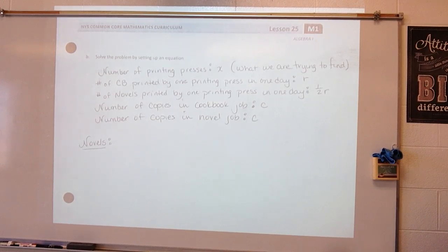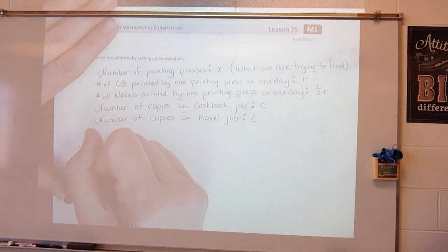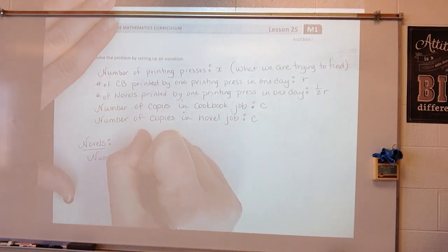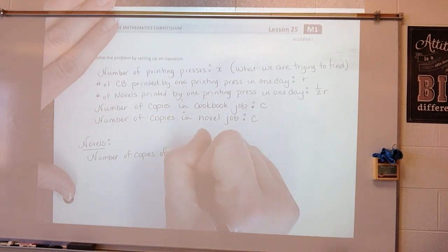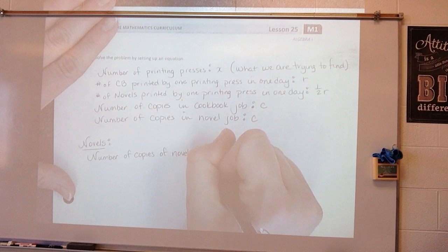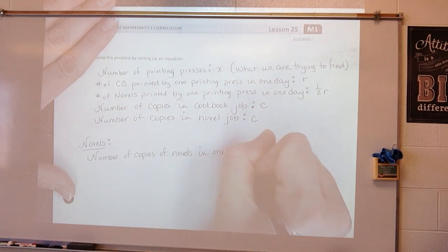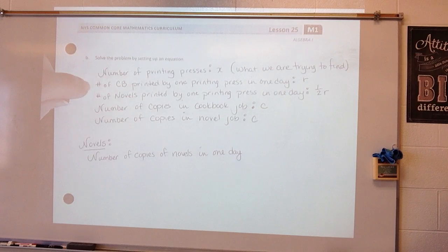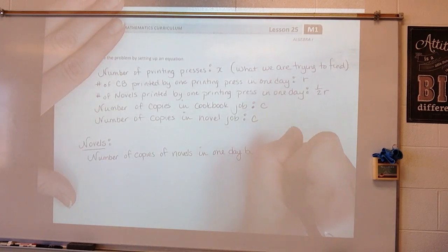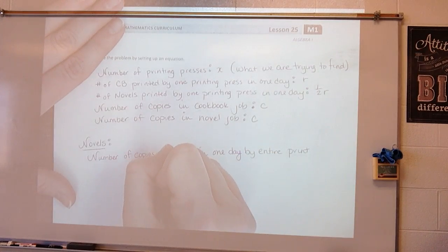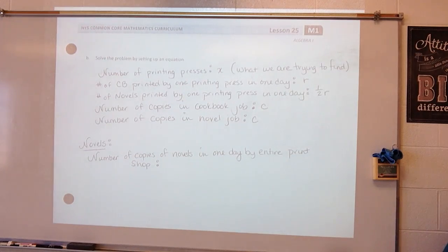How would I find the number of copies of novels printed in one day by the entire print shop?